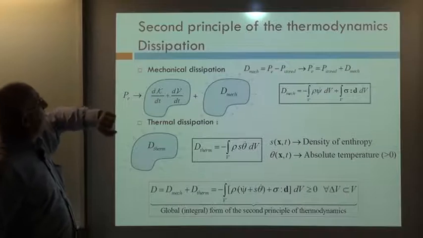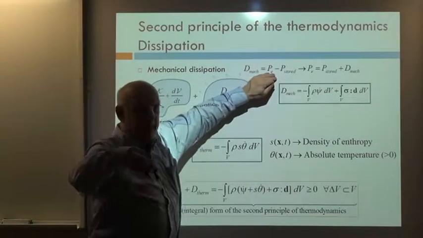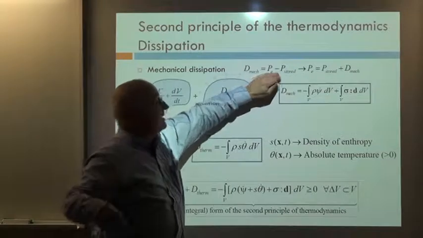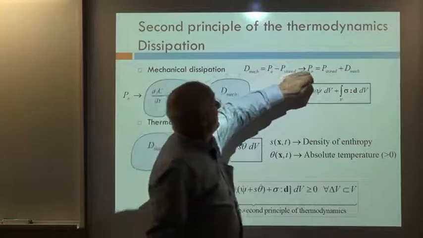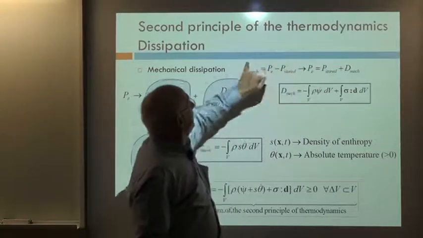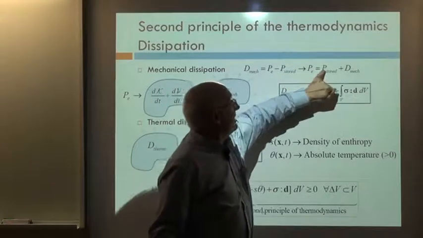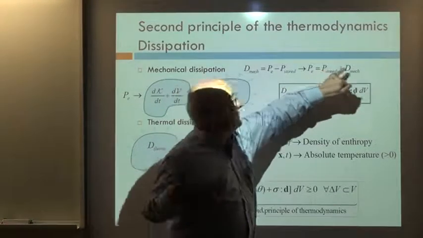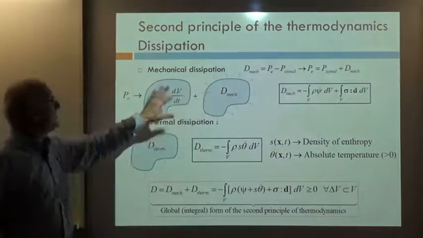So we have talked about mechanical dissipation as the difference of the mechanical power minus the stored mechanical power, which again can be written as that. Then the total entering mechanical power is equal to the part that is stored plus the part that is dissipated, which is sketched here.